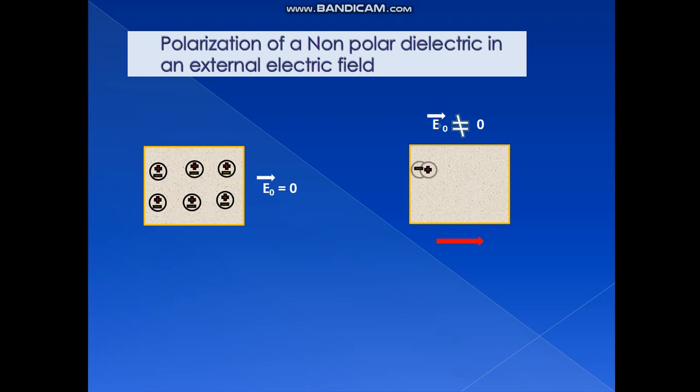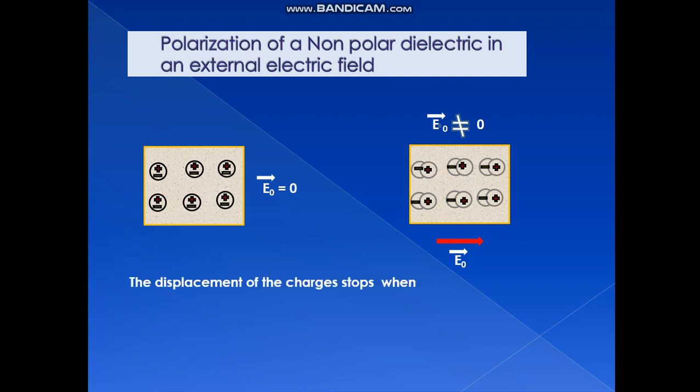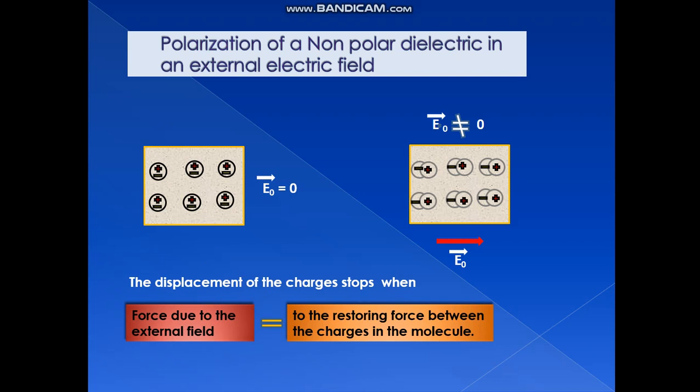The positive and the negative charges separate out, they are pushed away from each other, but there is always a tendency to come back. So there arises also a restoring force. When an external field is applied, the displacement of the charges will stop when the force due to the external field becomes equal to the restoring force between the charges in the molecule.